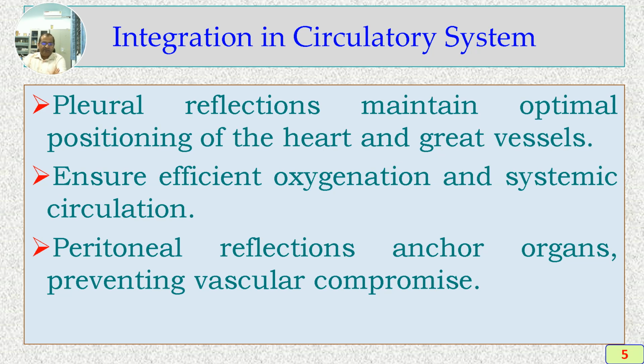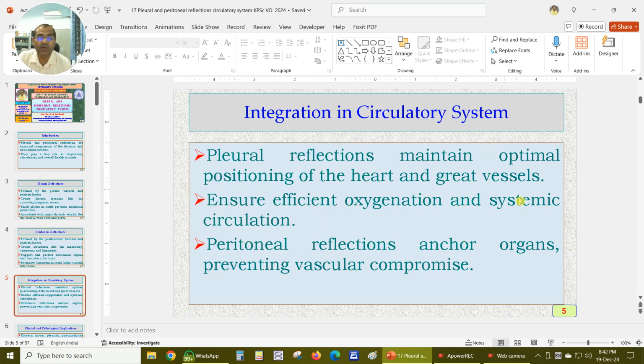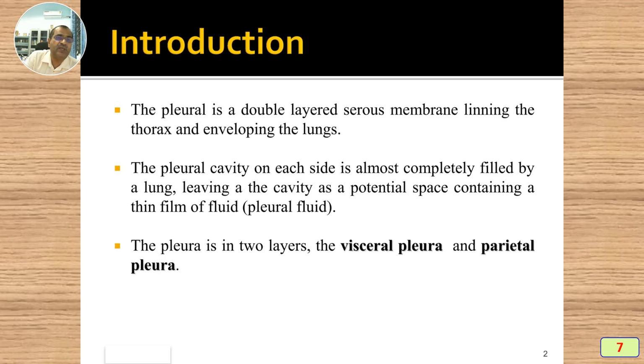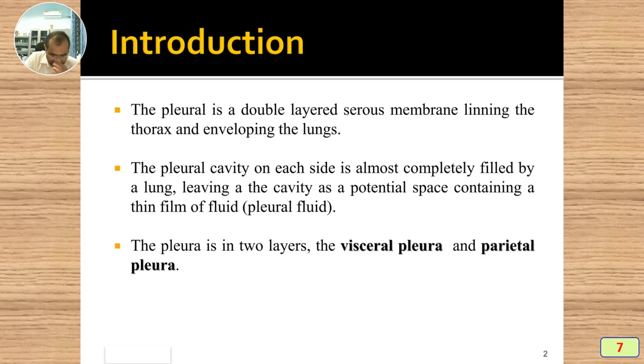The peritoneal reflections anchor organs, preventing vascular compromise. So this is about cattle in general, but we have some details about the pleura and what it is.